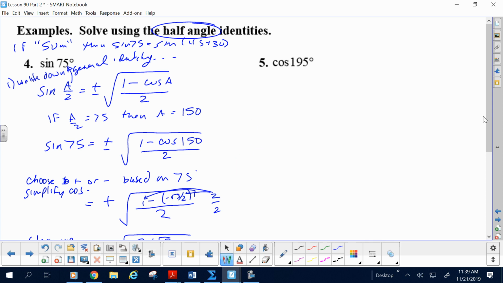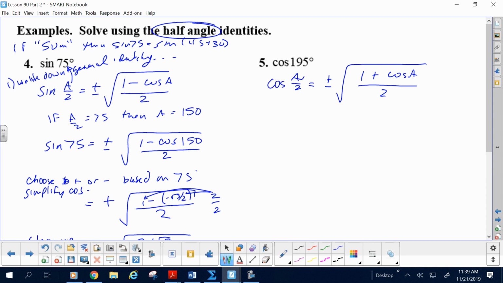Cosine of 195. So start by writing the identity. I said the first thing you do is write the general identity down. The cosine of a over 2, or theta over 2, whatever you want to call it, is plus or minus the square root of 1 plus cosine of a over 2. Then we're going to figure out, for this problem, what's a over 2?